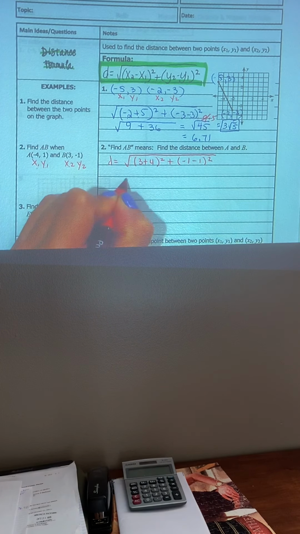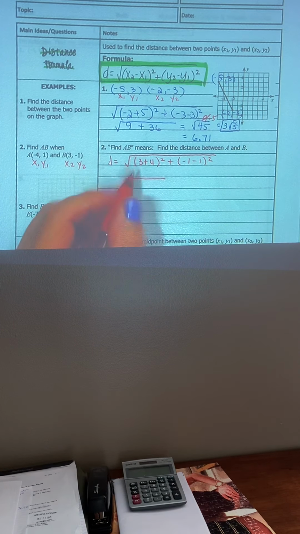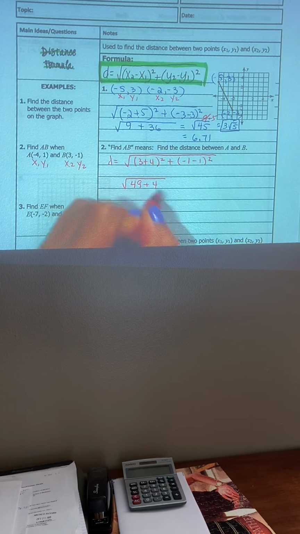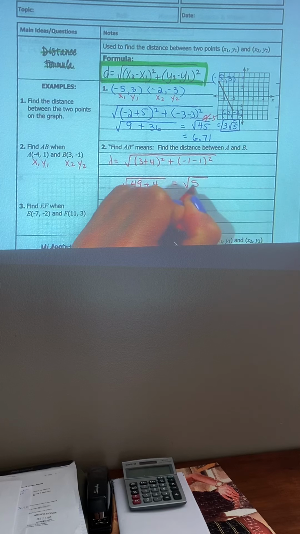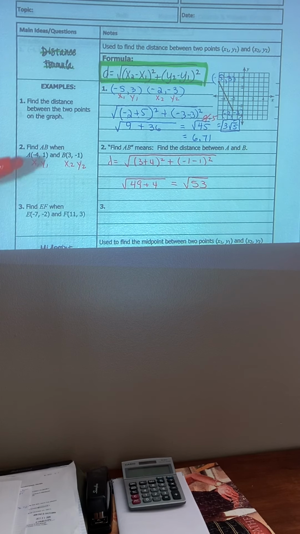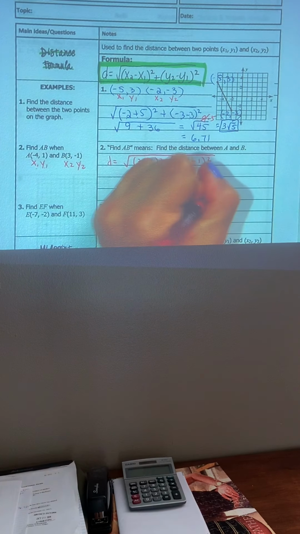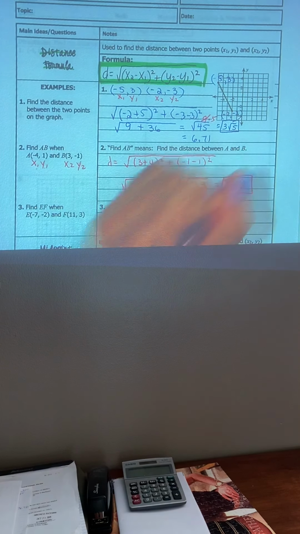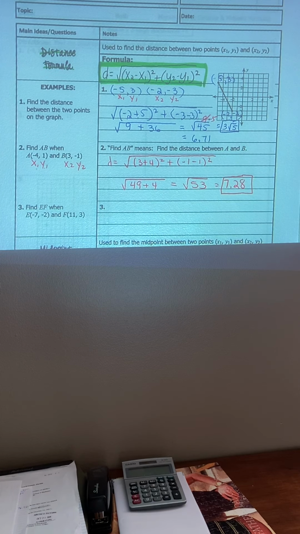Okay, and let's figure it out. What do we have? 7 squared, 49. -2 squared is 4. So that's square root of 53. Now, I can't take the square root of 53. You can't simplify it, so let me just use the calculator, and I get 7.28. Okay, and this is how you show your work.